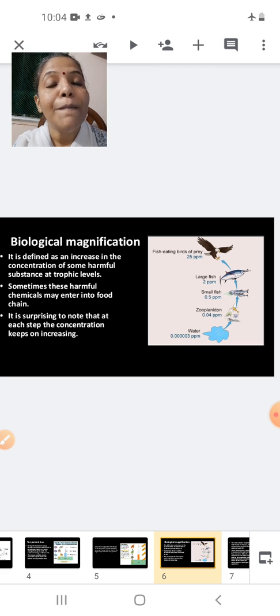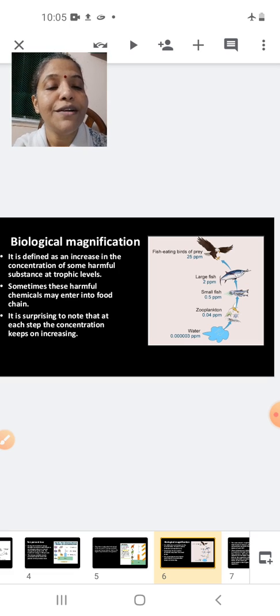So the amount of pollutants like DDT and mercury will keep on accumulating in our body, and this phenomenon of accumulation of pollutants in the body of any type of organism, you call biological magnification. Any type of organism means the different trophic levels, which we will see now.